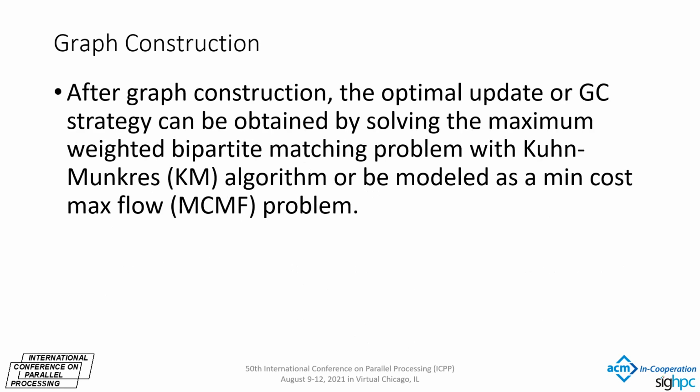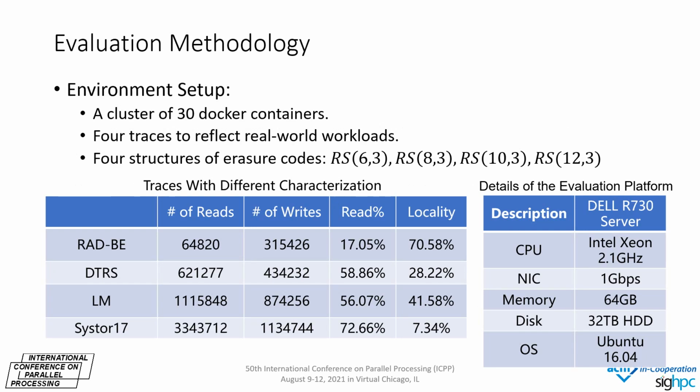After graph construction, the optimal update or GC strategy can be obtained by solving the maximum weighted bipartite matching problem with the KM algorithm, or be modeled as a minimum cost max flow problem. To demonstrate the efficiency of the GOOD approach, we set up a cluster of 30 Docker containers. We used 4 traces to reflect real-world workloads.